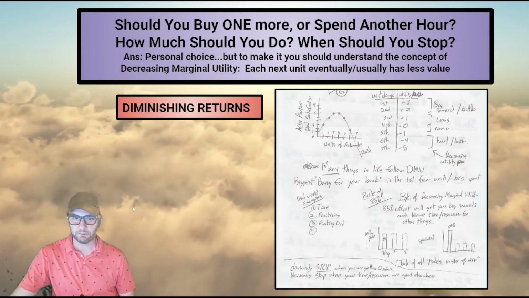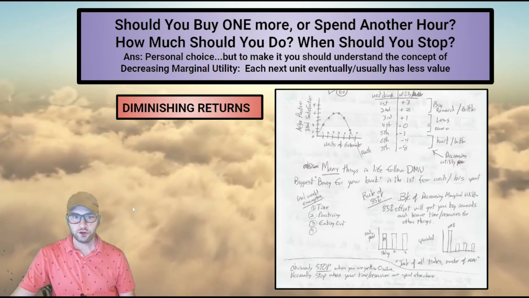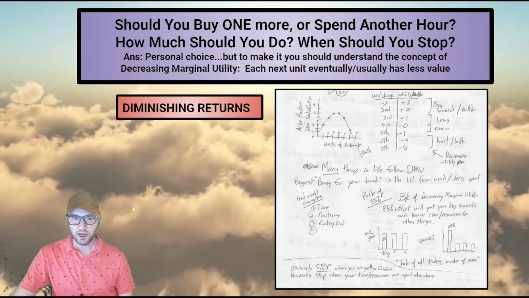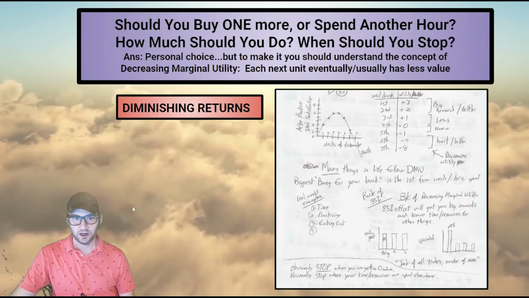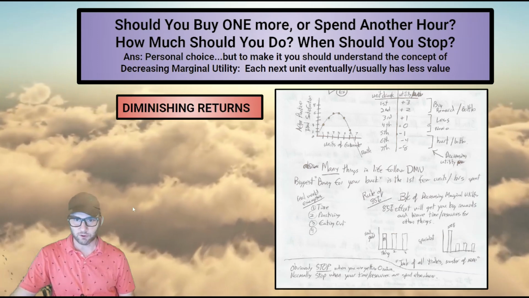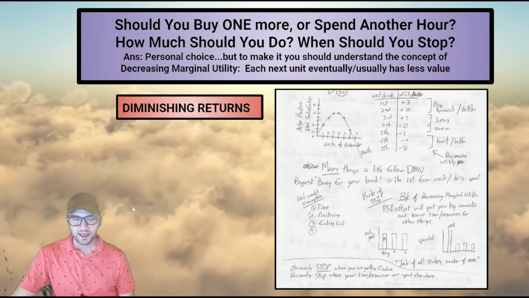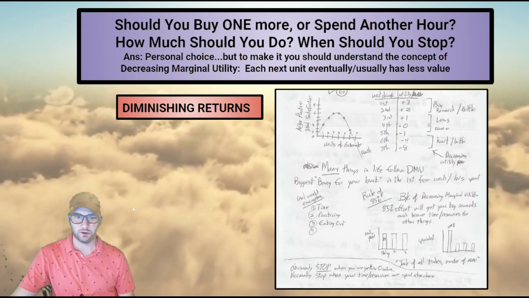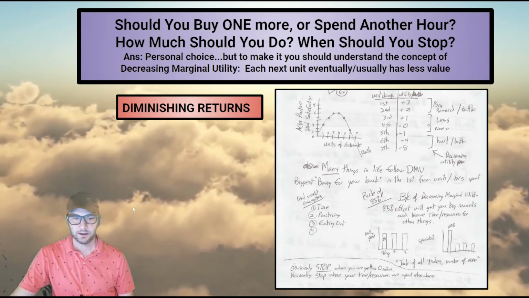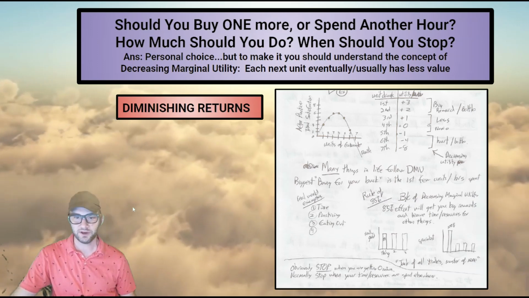When should you stop? But in order to intelligently make that choice of how much you should do or when you should stop, you have to understand the concept of decreasing marginal utility. The fact that if you choose to do another hour, if you choose to buy one more, it usually has less value. It gets you to your goal to a lesser extent than the hour previous.